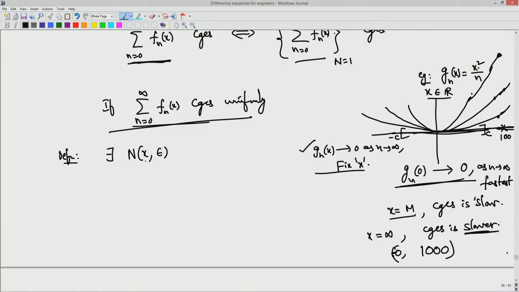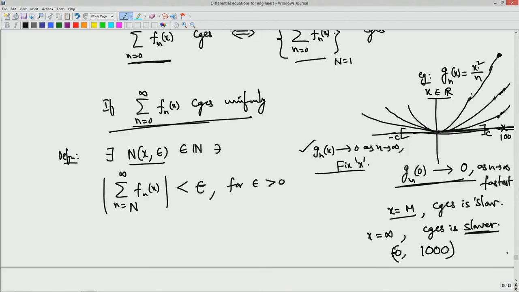You fix your x, then I get this number n such that the tail of the series, from n to infinity of f n of x, you can make very small, less than epsilon, for any positive epsilon.